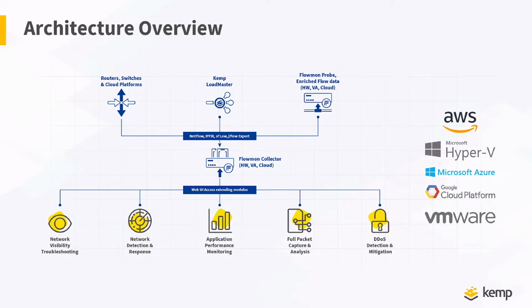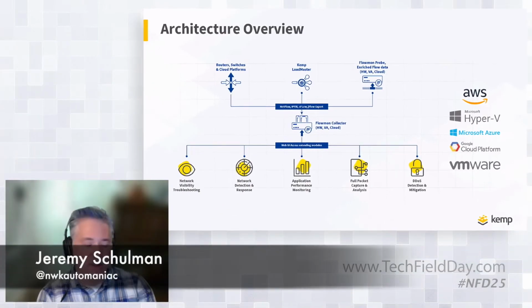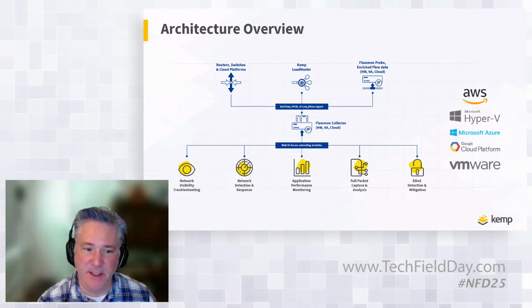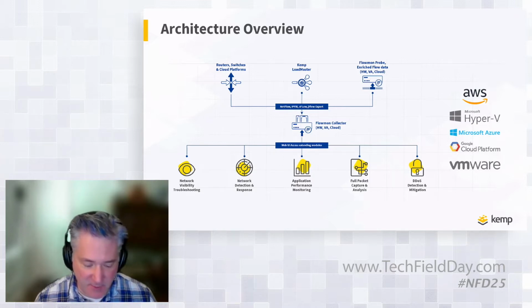Hey, Frank, this is Jeremy. Just to re-ask Peter's question. I understand flow and the benefits of collecting and visualizing flow data, and it's hugely important, and I think we would all agree.